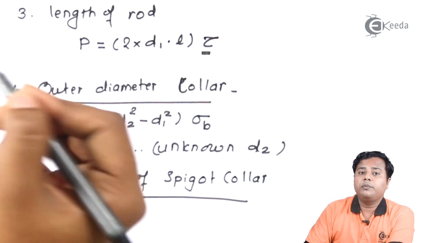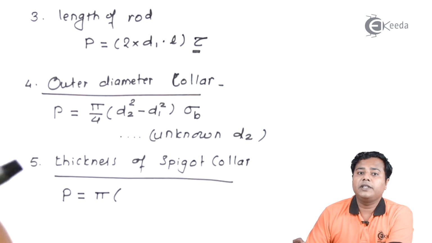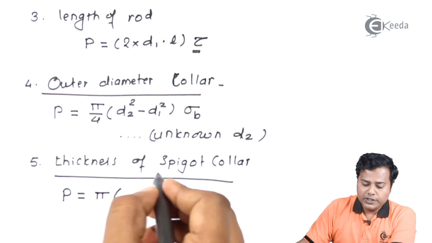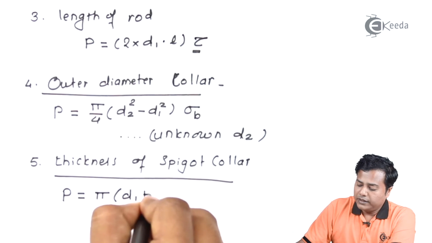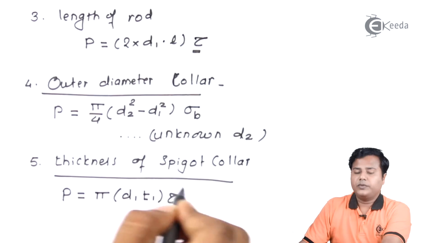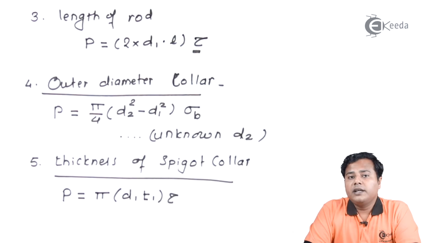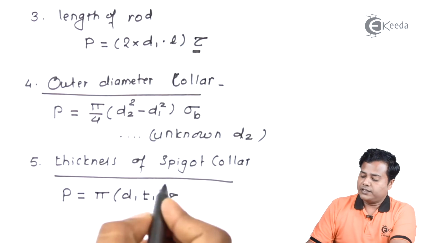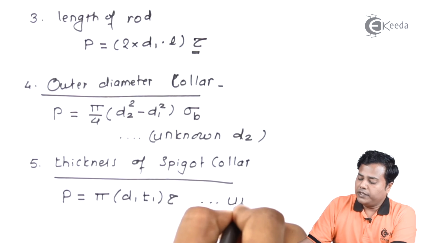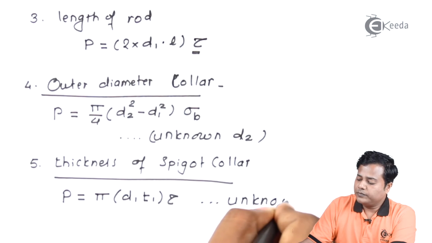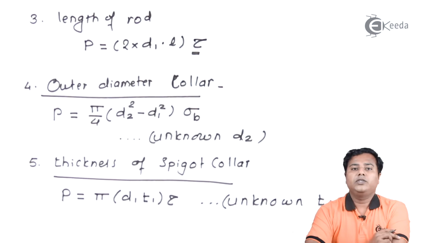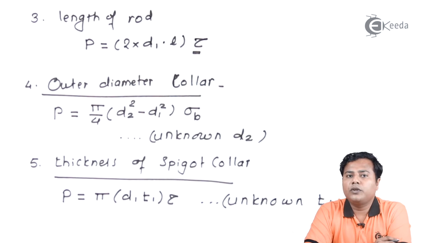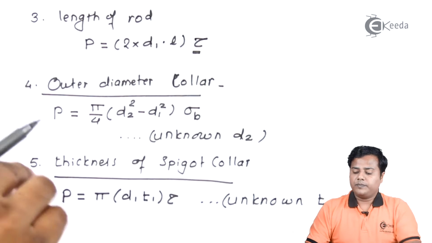When pi comes into picture, it is something related with the circumference, right? So it is pi d1 t1 into tau. Again, the reason is it is going to fail under shear when we consider its thickness, where the unknown will be t1. So these are the important formulae that are used for spigot joint design.